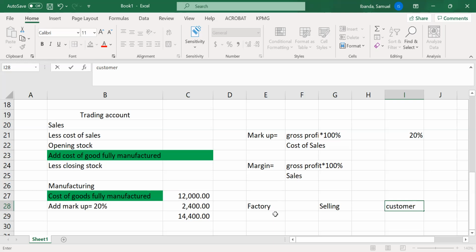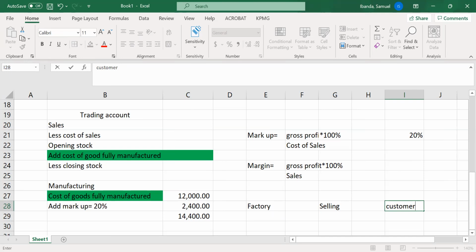When you're looking at a provision for unrealized profits, you look at your opening stock and your closing stock. Here, opening stock is similar to what I call inventory. So you're looking at the two and comparing to see, is the provision higher?